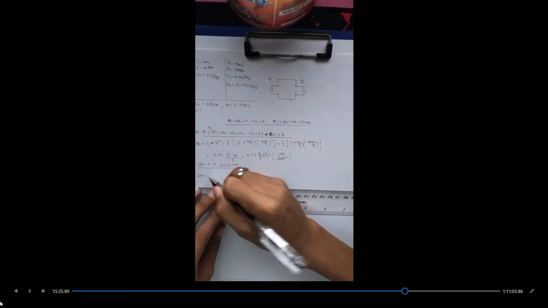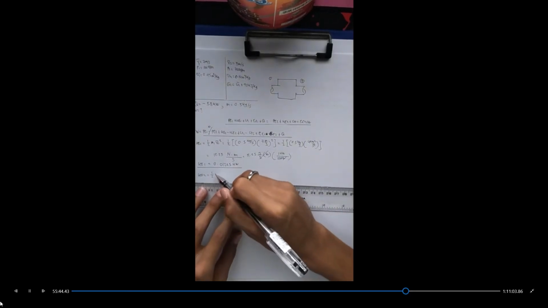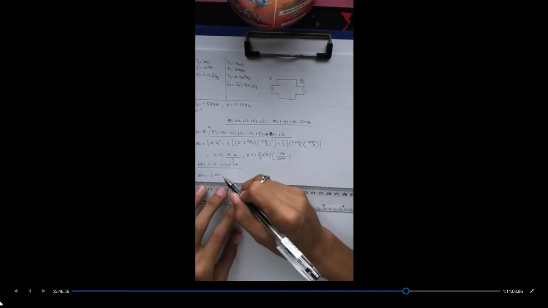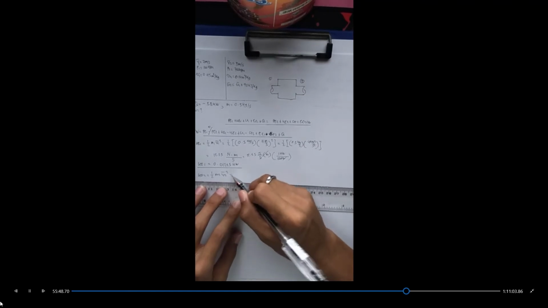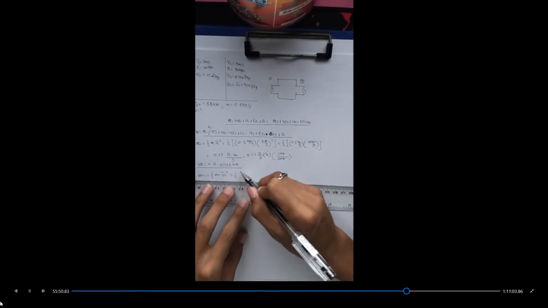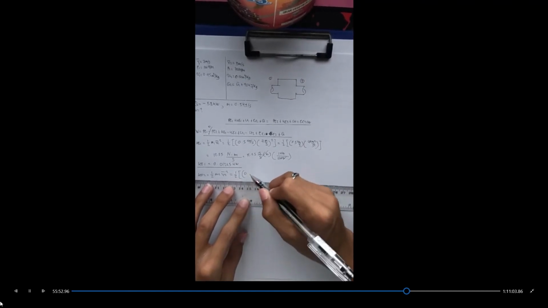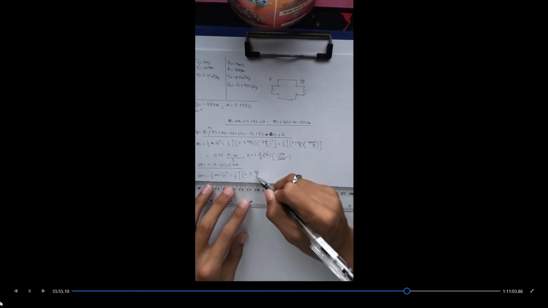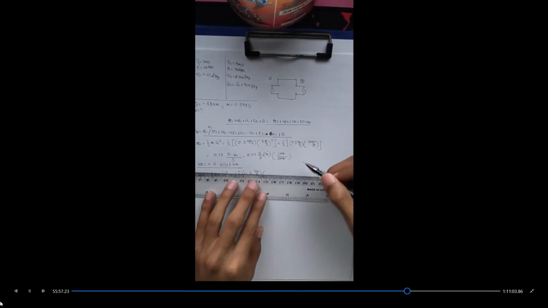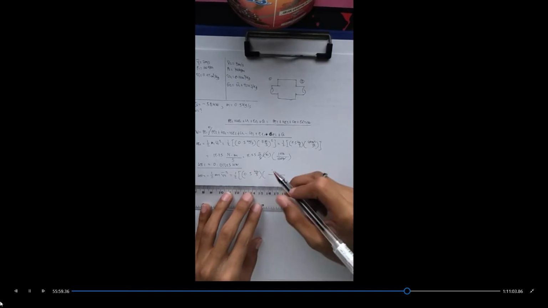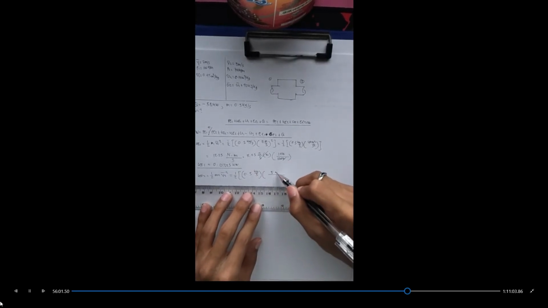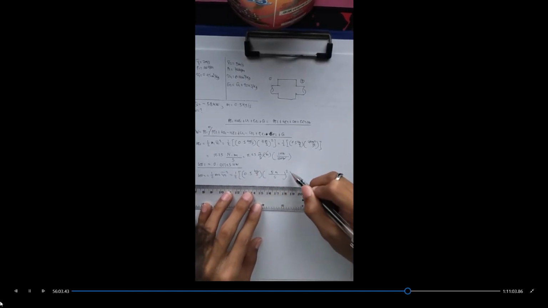Alright, so that's for my kinetic energy 1, and now I'm going to proceed to my kinetic energy 2. Kinetic energy 2 would still be the same here, and the only thing that would change is the velocity 2. So I'm gonna put 1 half mass 2, since mass 2 equals mass 1, velocity 2 squared equals 1 half times 0.5 kilograms per second, then multiply this one by our velocity, which is 5 meters per second squared.